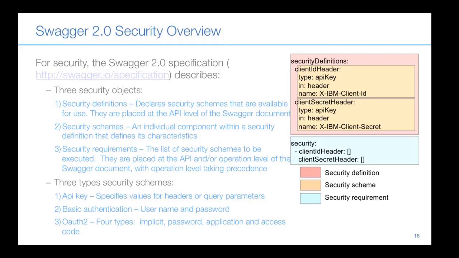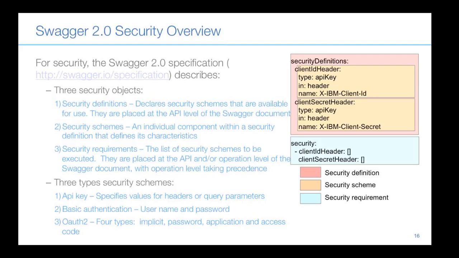So Swagger also defines three types of security schemes. API key, and there are two types of those: header values in the request header, and query parameters in the URL.